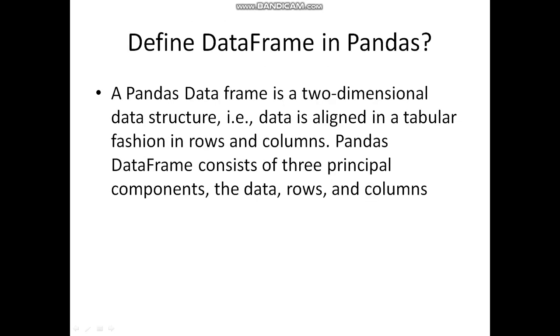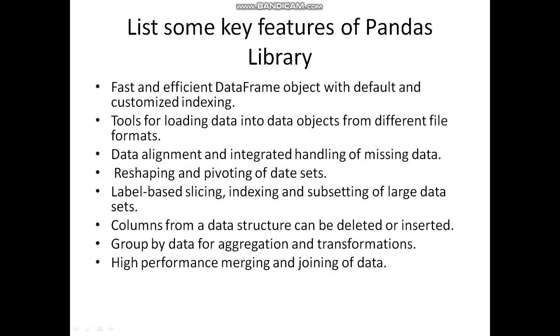The next one is, define data frame in pandas. A pandas data frame is a two-dimensional data structure, that is, data is aligned in a tabular fashion in rows and columns. Pandas data structure consists of 3 principal components, that is the data, rows and columns.